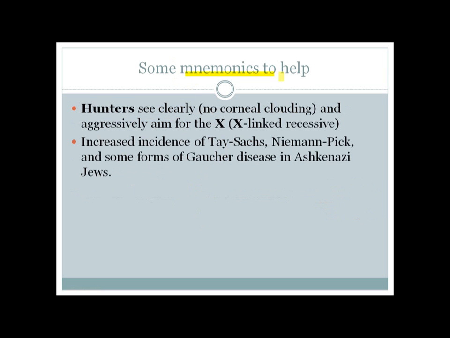So the mnemonics that I've already put: hunters see clearly, so hunters don't have any corneal clouding, and aggressively aim for the X. So X may be a mark, like the X mark put on the bullseye, or X may be girls, X-linked recessive. And there is an increased incidence of Tay-Sachs, Niemann-Pick, and some forms of Gaucher disease in Ashkenazi Jews.